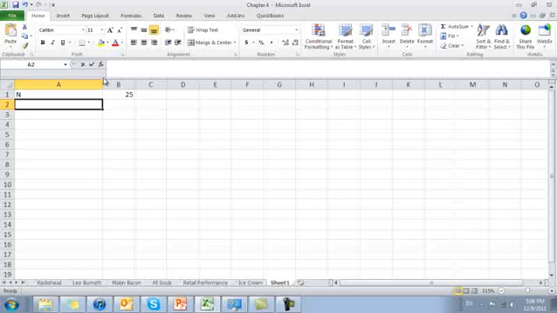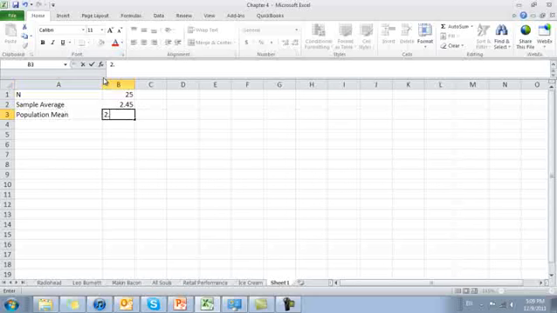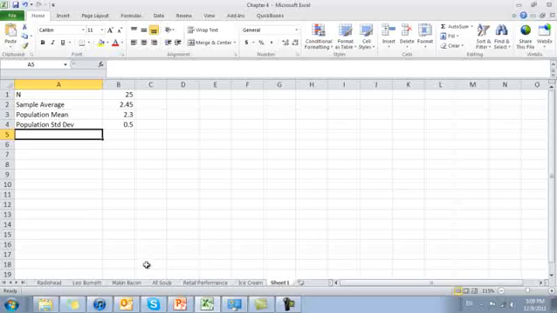So our sample average is 2.45. That's what it says. When compared to a population mean of 2.3 and a population standard deviation of 0.5.